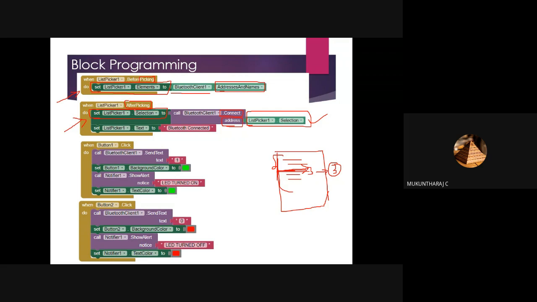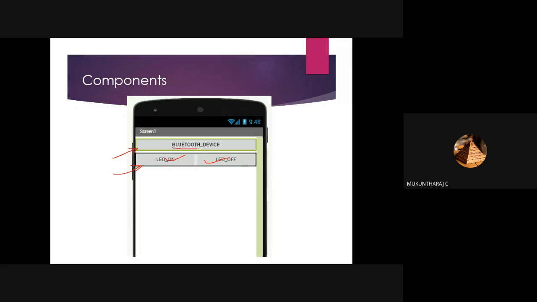After this, what it is going to give you is Bluetooth connected. Before that, this list picker is going to be in the name of Bluetooth device. This is a user preferable name, so we can give whatever name we like. I have used Bluetooth device.